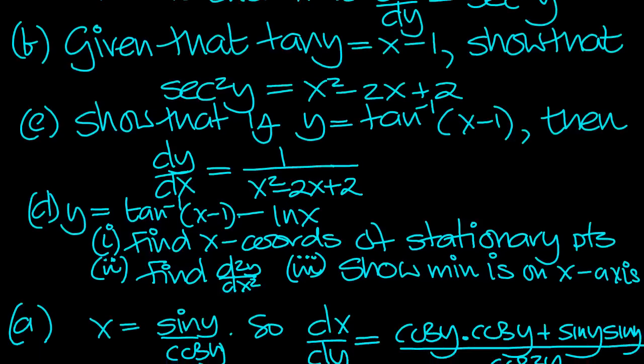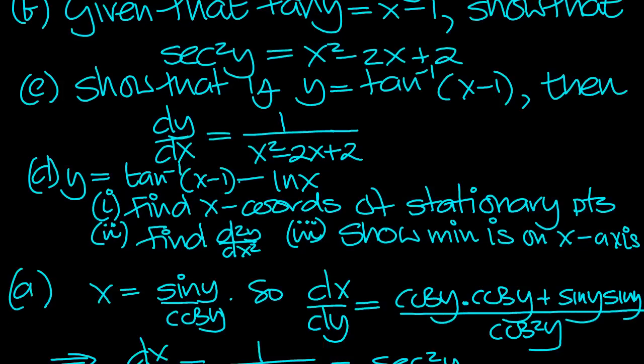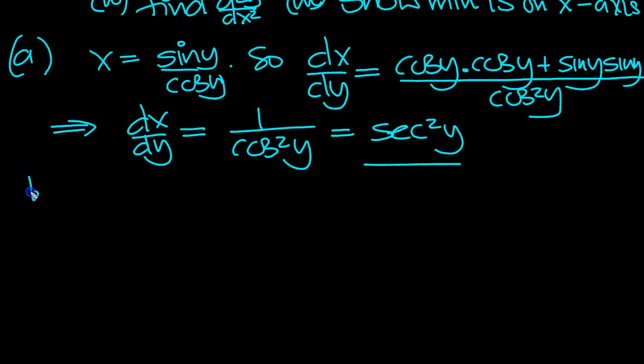Okay, given that tan y equals x minus 1, use a trig identity to show that sec squared y equals this. So let's square it, and then we'll use the trig identity. So part B, tan y is equal to x minus 1.